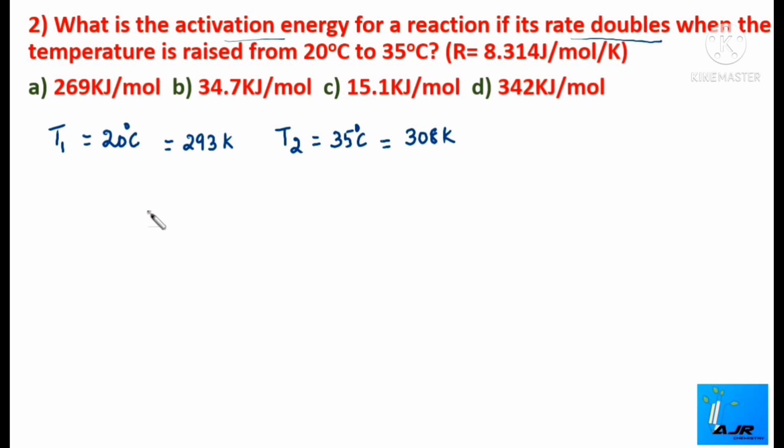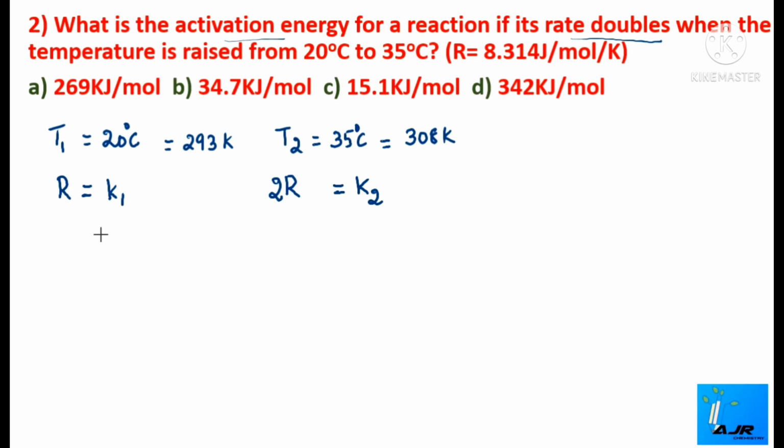So let us consider the rate of the reaction at T1 as R. This rate is getting doubled at T2, so we can write it as 2R. The rate constant at the first temperature will be K1, and the rate constant at temperature T2 will be K2.